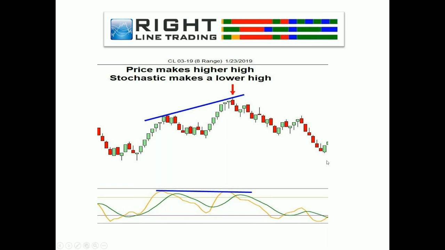And that heralds a collapse in price. Now, George Lane only used the oscillator to trade divergent signals. He did not use it to trend trade or to track momentum in the direction it was moving. He wanted to fade every single trade.